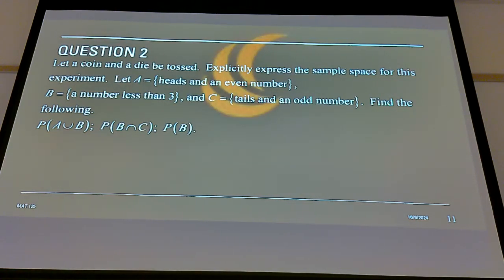Tossing a coin and a die. Explicitly express the sample space for this experiment. So let's start with that. You toss a coin.